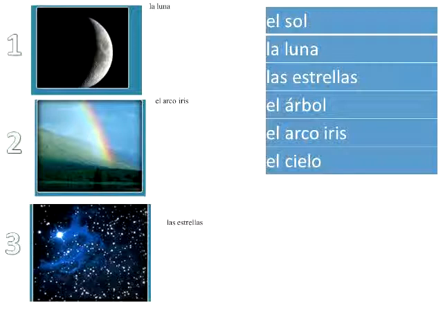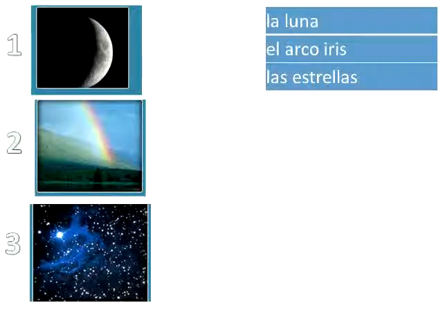Okay. So in English we have the first one, the moon. This is referring to the rainbow, okay, and then the stars. So I see some of you are participating and helping me out. Thank you guys. Tenemos la luna, el arco iris y las estrellas.